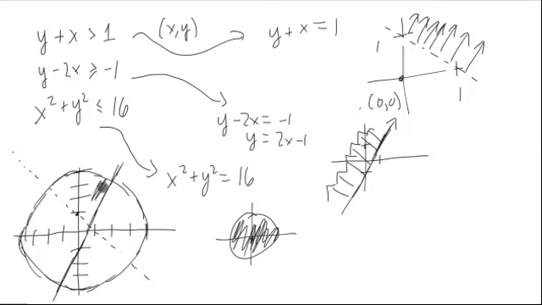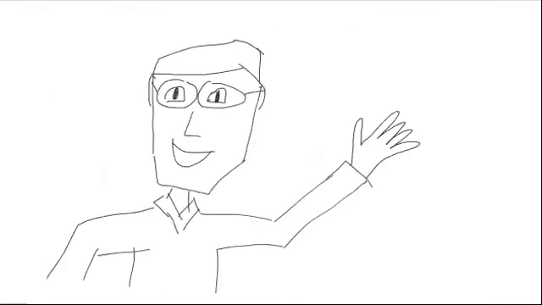Those put together lead us to believe that right here, this area, but not including that dotted line, but going all the way to these other boundaries, is a picture of the solutions of this system of inequalities. So if we want to know what coordinate pairs x, y satisfy all three of these inequalities at the same time, we look at this picture and it tells us everything in there. Thanks for watching.